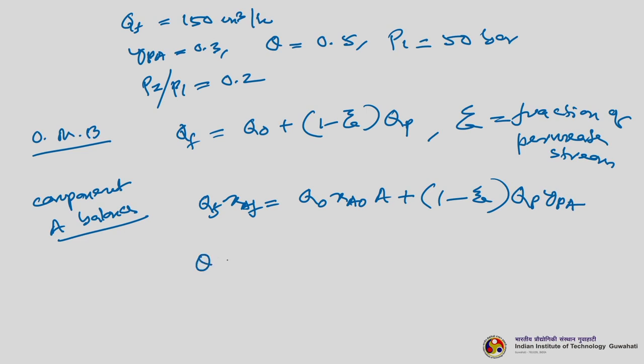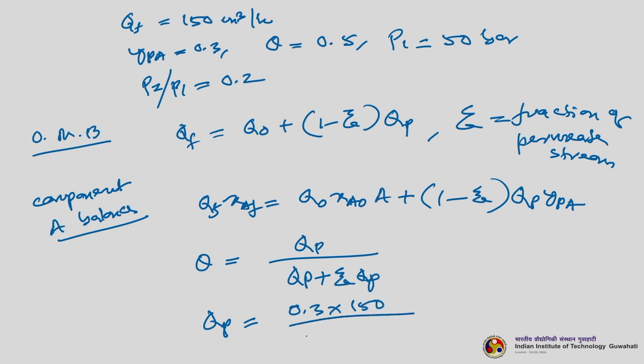Here theta equals QP divided by (QP plus zeta QP), or QP equals, if you calculate QP, 0.3 into 150 divided by (1 minus 0.3 into 0.5), which is nothing but 52.94. P2 by P1 is also given.